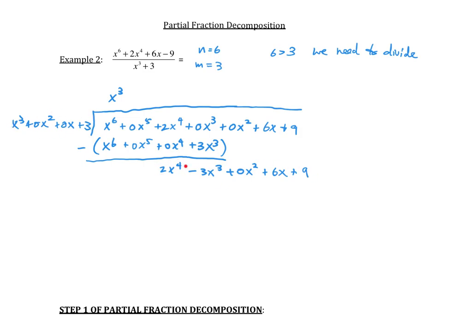So I really want to cancel out the leading term, the 2x to the 4th. So I hope you all can see that I want to multiply the x cubed by 2x, and then that'll cancel out this leading term.